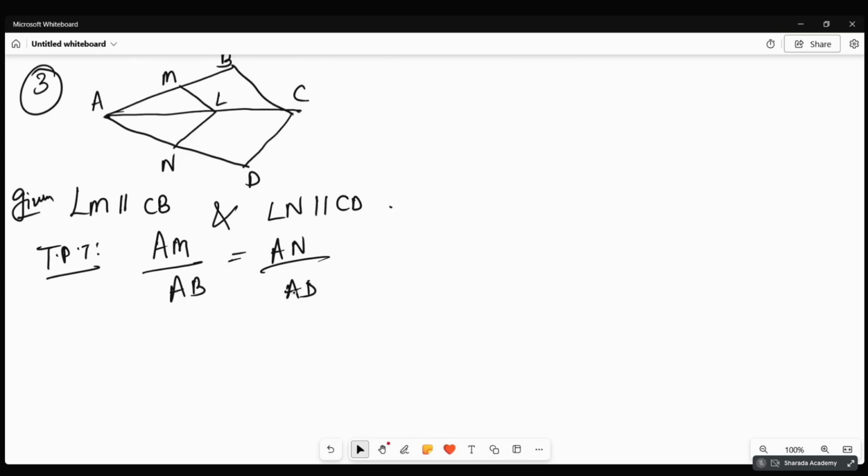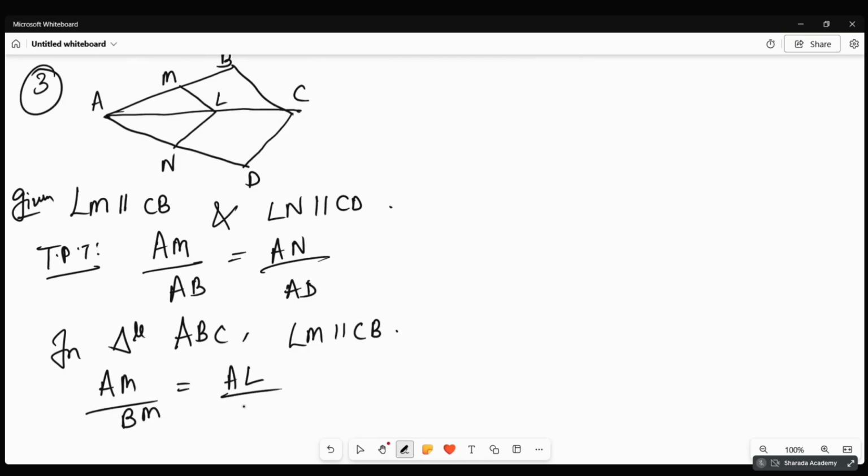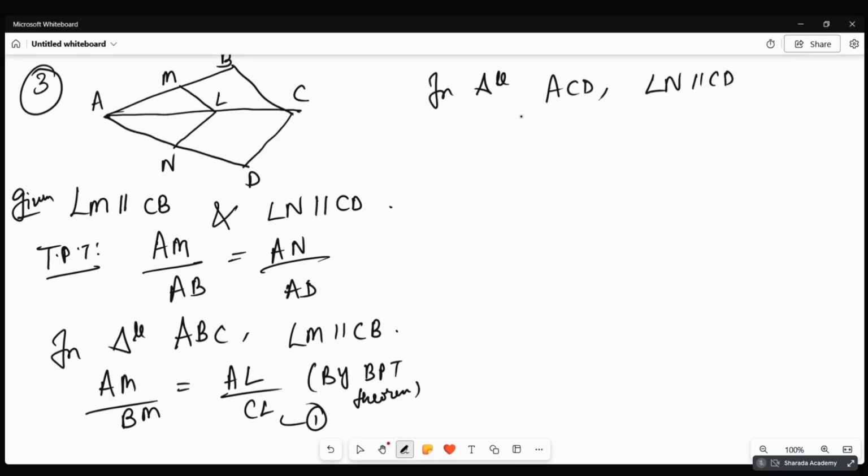Now, LM parallel to CB. First thing, in triangle ABC, write down this: in triangle ABC, we got LM parallel to CB. So by BPT theorem, I can write AM by BM is equal to AL by CL. Now, in triangle ACD, LN parallel to CD.